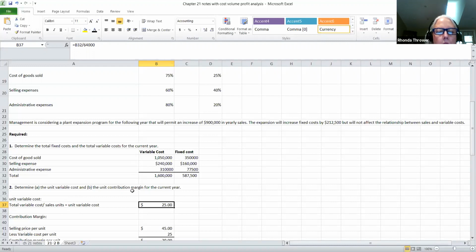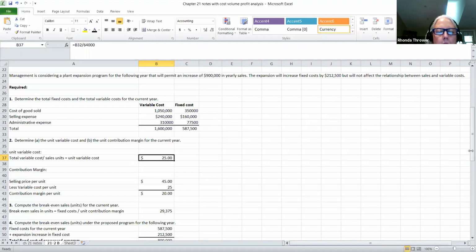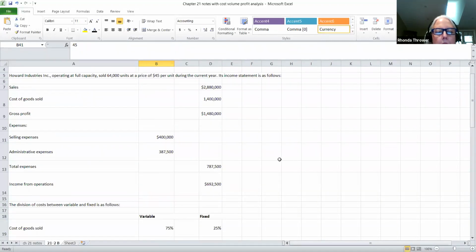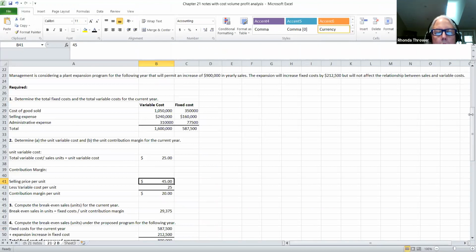To find the contribution margin for the current year, I would take my selling price per unit, which was given at $45, and subtract out my variable cost per unit, which I found in part 2, which was $25.